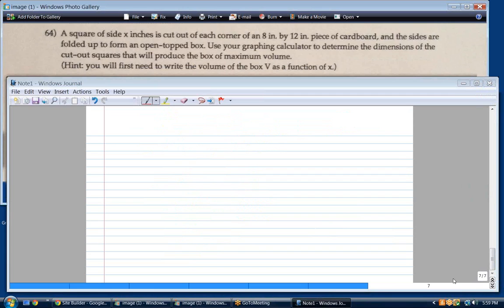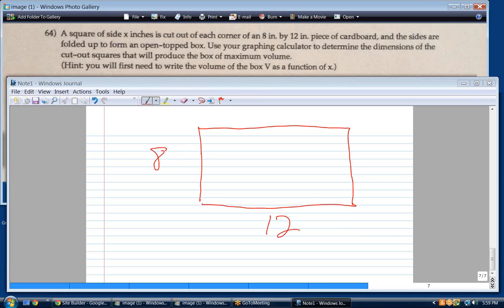A square of side x inches is cut out of the corner. Okay, I'm going to draw this one. There's our 8 by 12 piece of cardboard. I'm going to cut out a square out of each corner.